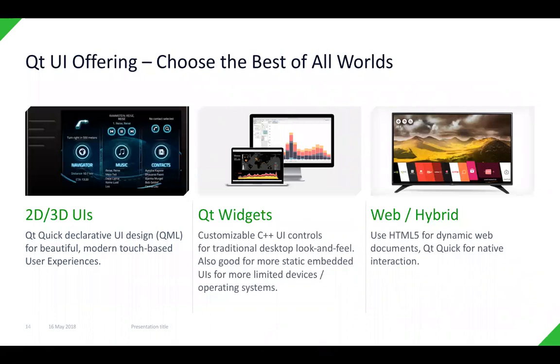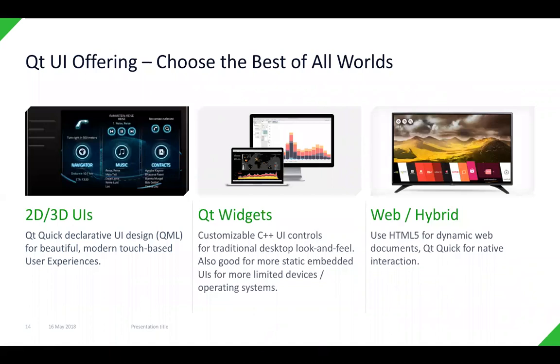On the left side, we have what we call Qt Quick, basically the Qt Quick module that also utilizes the QML language. Both of those are in-house developed technologies for the last 10 years now. And we believe that this is the future moving forward. I will talk about that later. Now, the web and the hybrid approach is something more interesting.